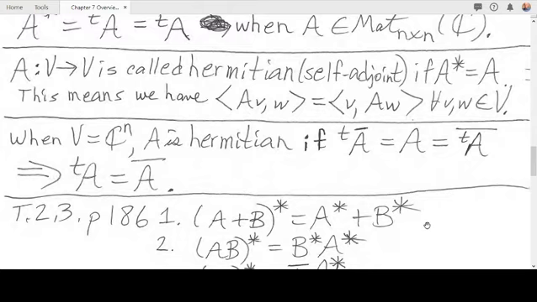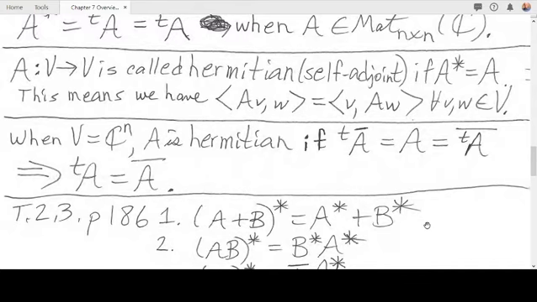This last implication is probably the easiest one to work with and the most commonly applied. A matrix is Hermitian when its transpose equals its conjugate.